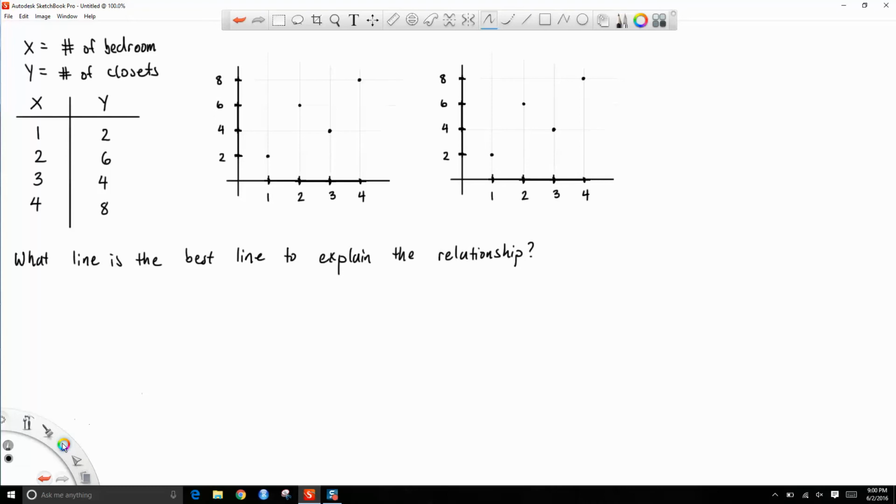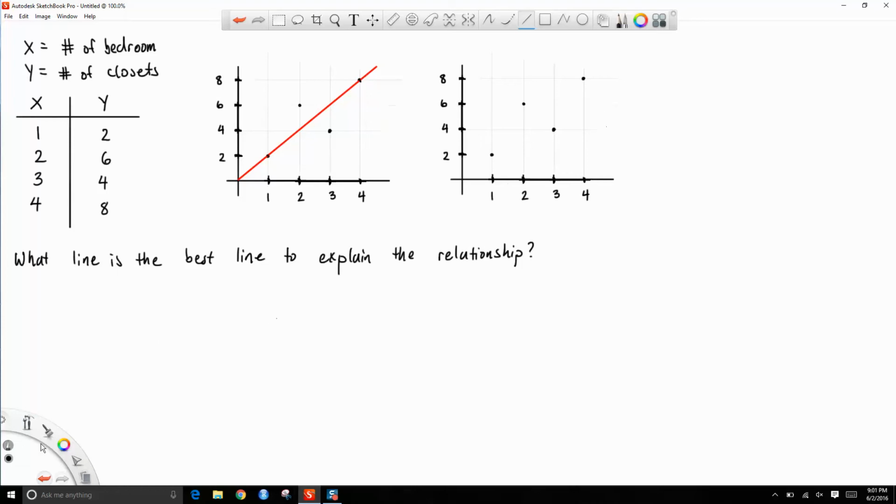Okay, so I'm going to show you two candidate lines here, and we can try to decide if one line is better than the other. Here I've got our fictional data set with the closets and bedrooms, so I've plotted them here.